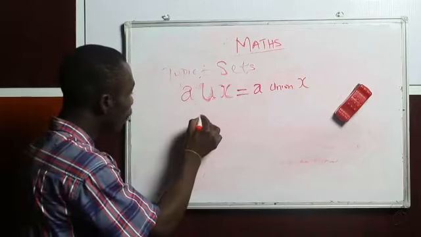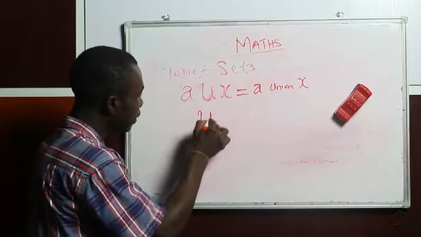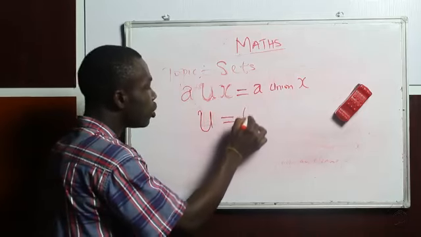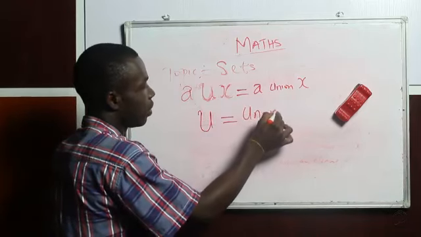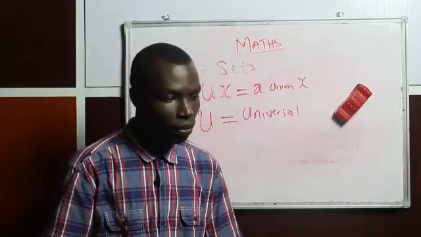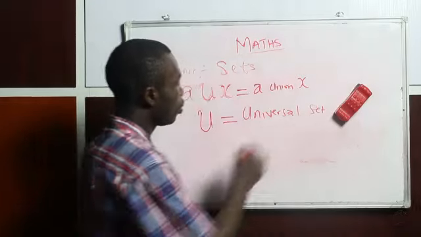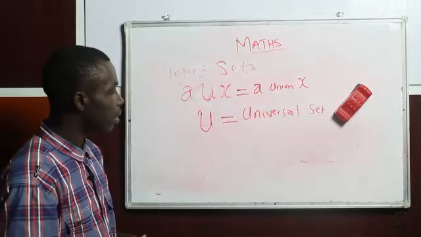Where you have a symbol like this, it also symbolizes universal set.